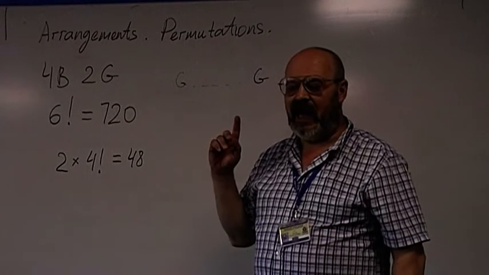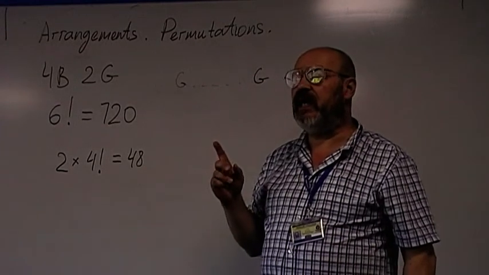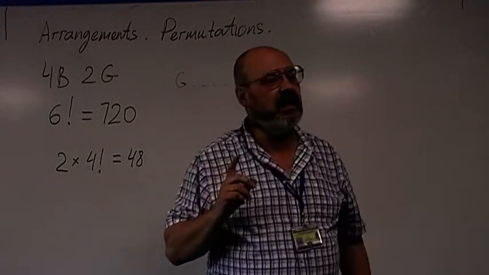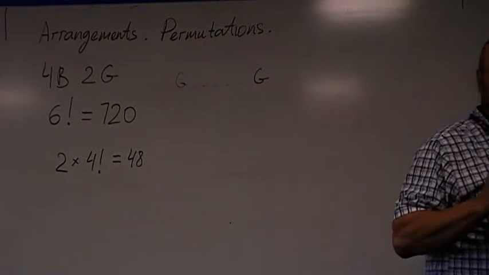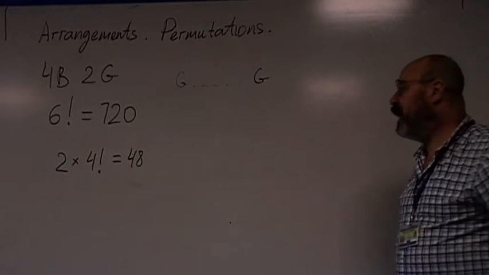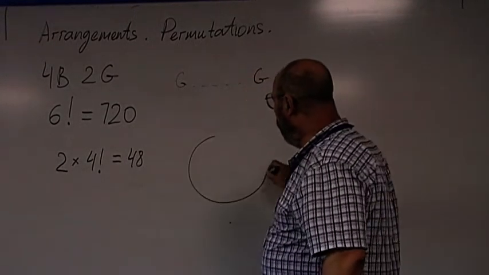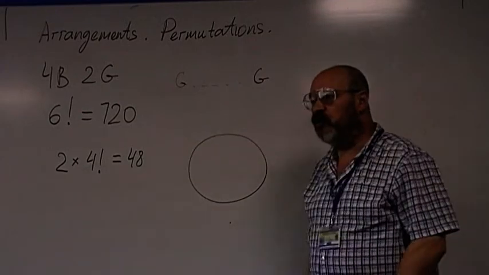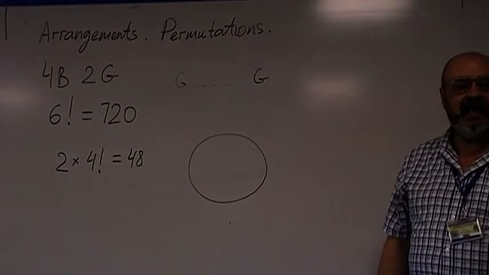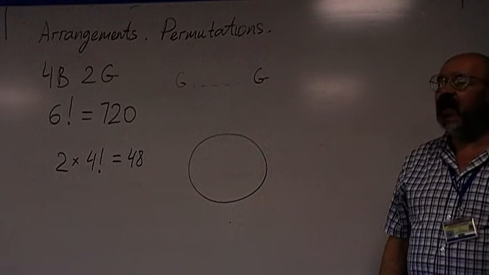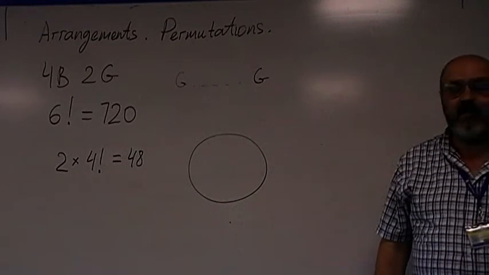There is one thing that is not explained in your textbook: in how many ways you can arrange objects in a circle. For example, in how many ways can we seat 6 people around a table?